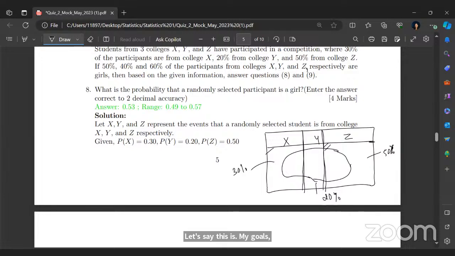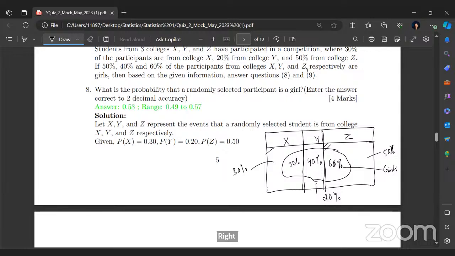These are for girls. And what we are saying is, from college X, 50% girls are participating. From college Y, 40% girls are participating. And from college Z, 60% girls are participating, right?